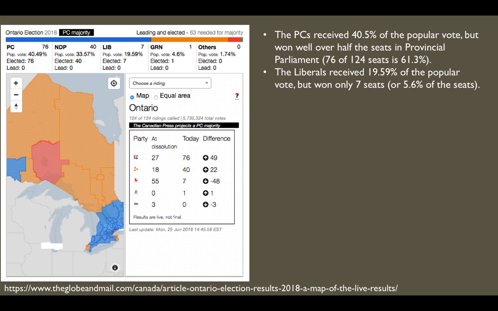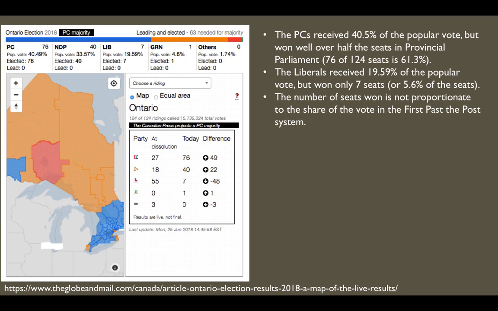And then as we learn about the different aspects of the two systems, students are able to form more educated opinions about them. So in first past the post, the number of seats is not proportionate to the share of the vote, and that doesn't make it a bad system. It just means that the number of seats is not proportionate to the share of the votes.